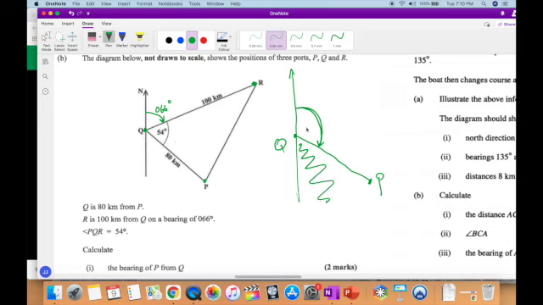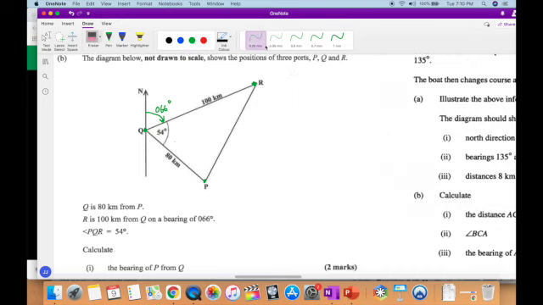And what is this angle? 120 degrees. How did you get that? You add 66 and 54. From the north line at Q, that big angle is 66 plus 54, which is 120. So 120 degrees is the bearing of P from Q. That entire angle there is 120 degrees.